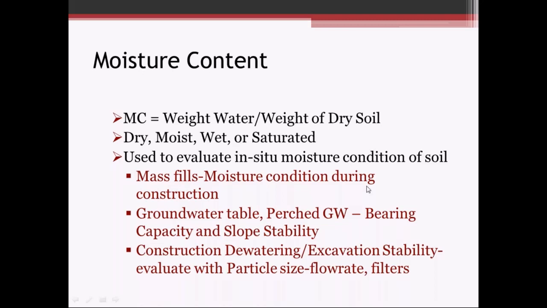For sites that may be using on-site materials for mass fills, it's important to know the in-situ moisture content as it relates to its optimum moisture. If the in-situ soils are on the dry side of optimum, the contractor would expect to have to add water to the material to get adequate compaction.